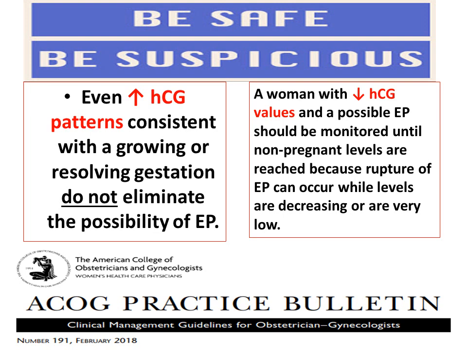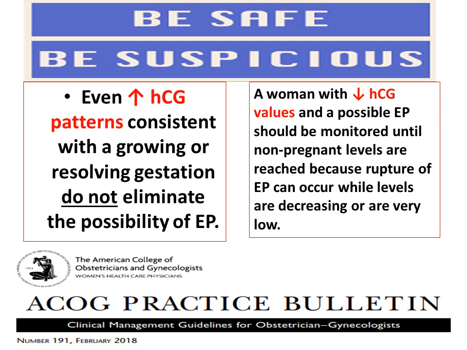On the other hand, if a woman with low beta HCG values and possibility of ectopic pregnancy is excluded, as the case is considered non-pregnant, we cannot exclude ectopic pregnancy unless the level of beta HCG reaches 0, a non-pregnant level less than 5 units per liter, because some cases of ruptured ectopic pregnancy occurred while the level of beta HCG is decreasing or at a very low level.